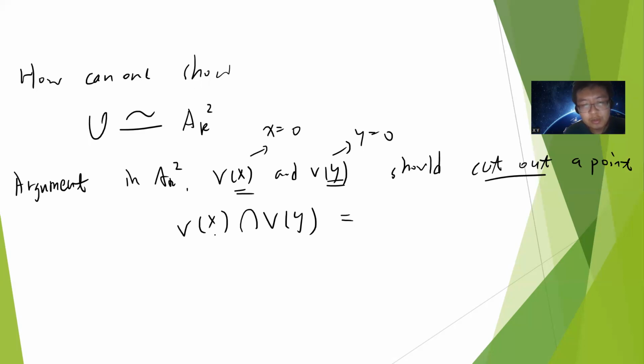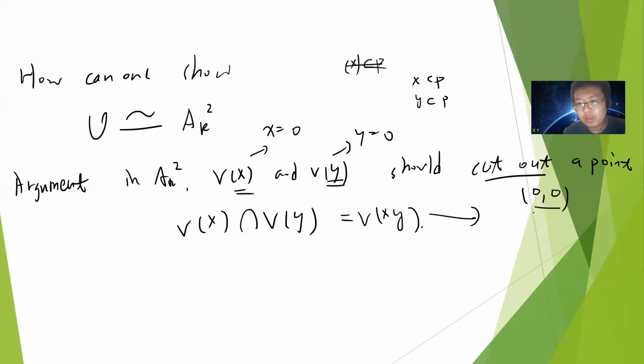So you need to find a prime ideal containing x, and the prime ideal which contains y. If you view it as such, this is the same as V(x,y). The cut-out point will be (0,0), because very simple, you're basically just asking that the vanishing set of x and the vanishing set of y, their intersection should cut out the point called (0,0).